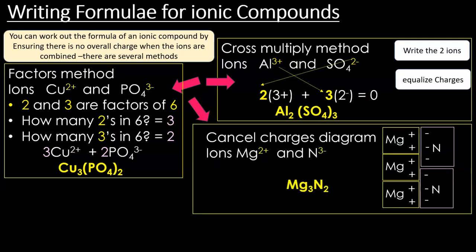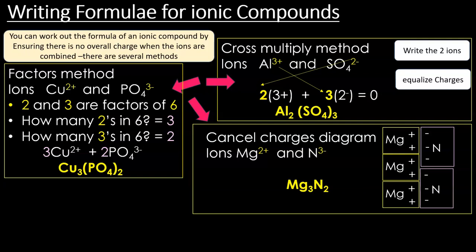A third example is a nice diagrammatic way. If you're stuck working them out other ways, then there is a simple diagram which gives the cation, the magnesium in this case, 2+, and the nitride ion, N3-. If we put just one of each ion together, the overall charge will still be -1.